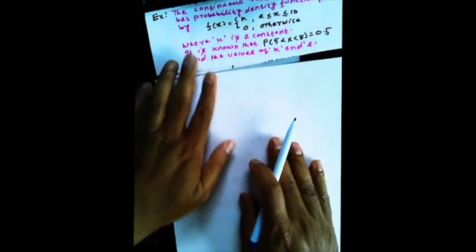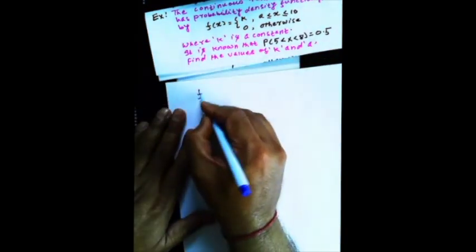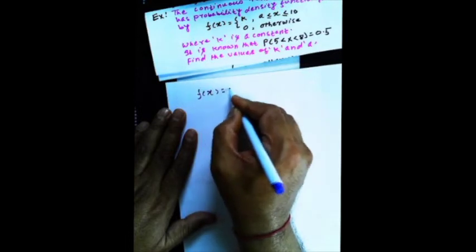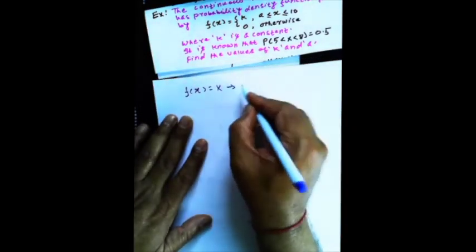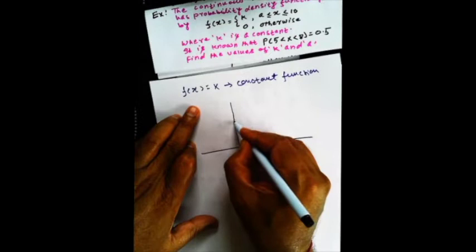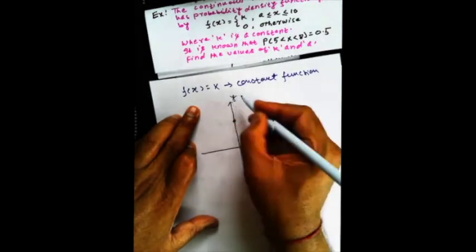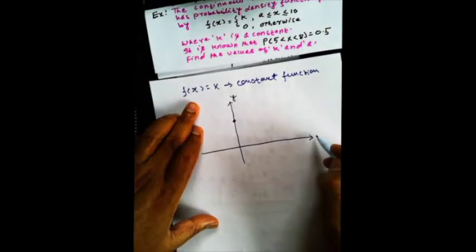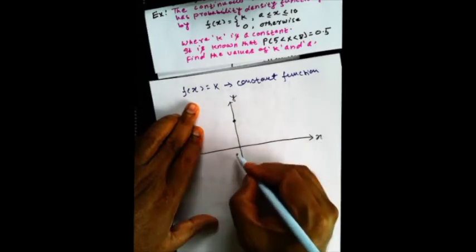If you draw a graph of this function, your function is f(x) equals k. So it is a constant function, just like here we have seen p(x) equal to 1 by 6. So if you draw the graph of this kind of function, your graph will look like this. There will be some positive value of k here on the y-axis. k cannot be negative because probability cannot be negative, and this is 0 for example.